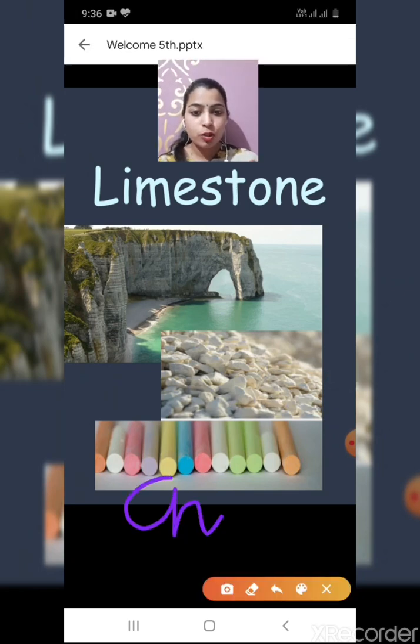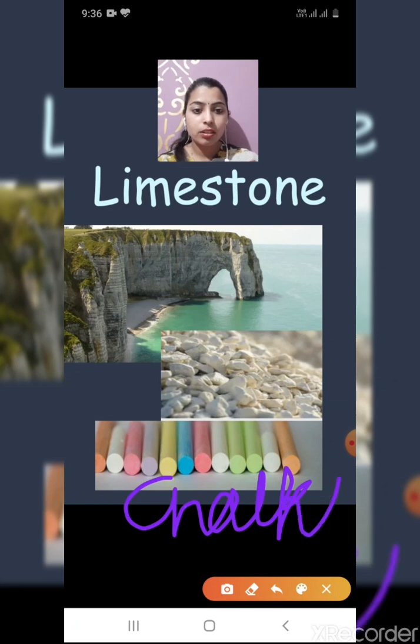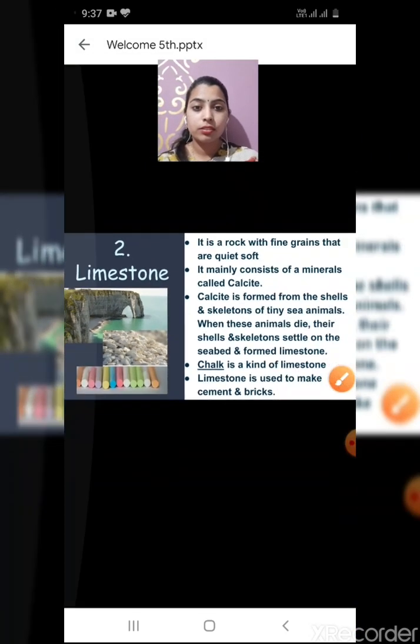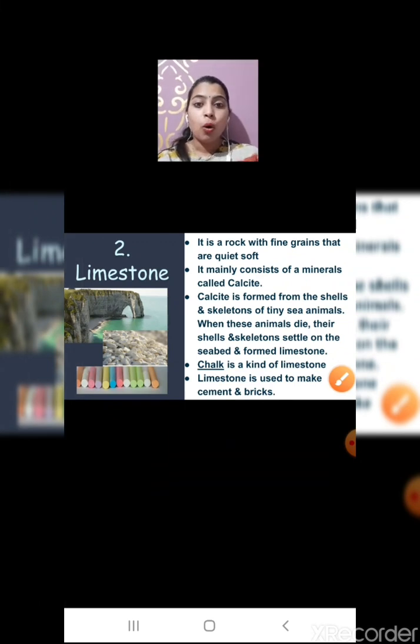See, this is chalk from which we write on boards. See, the chalks are so colorful. This is also limestone. Understood? Hope you understood these two.